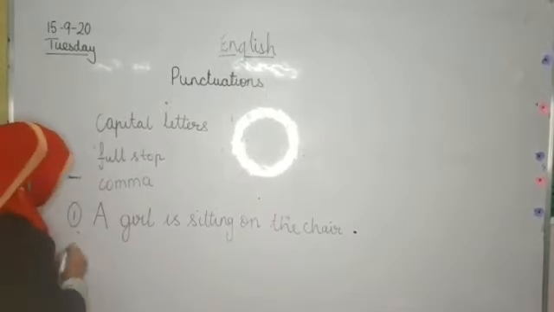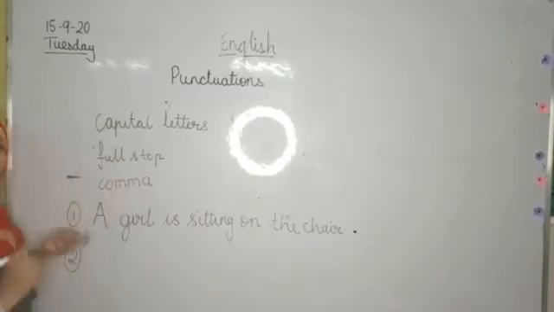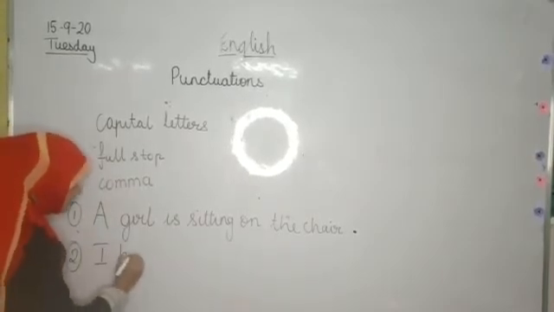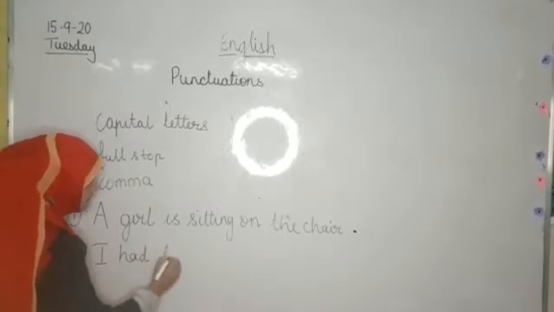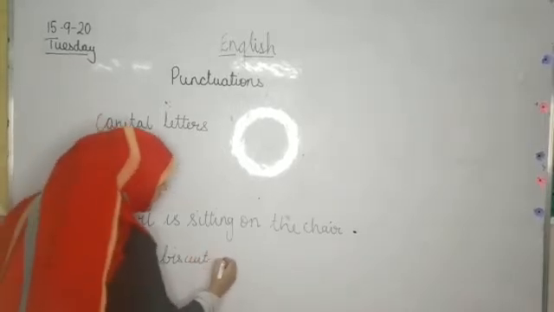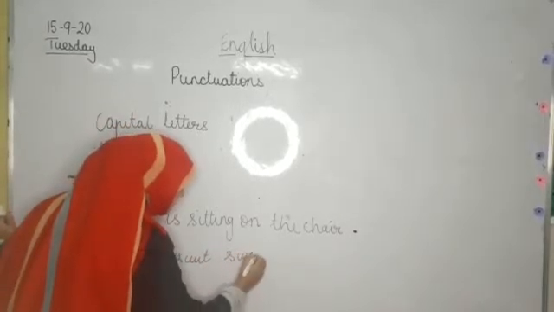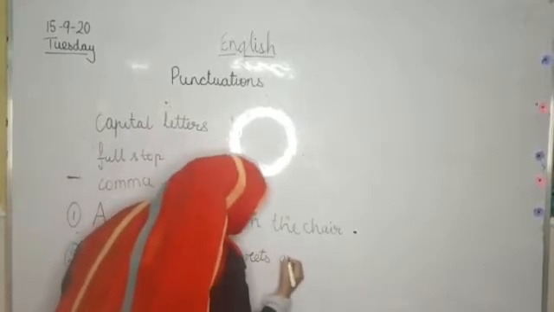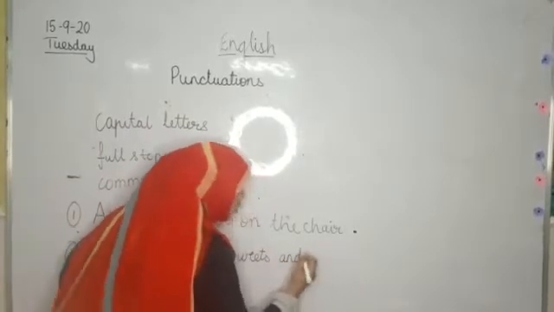Let's take an example for where we are going to use a comma. If I say, I had biscuit, sweets, and cold drink.